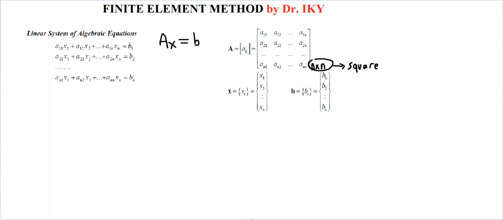For example, for the row, v1, v2, etc. And for the column, let me use omega 1, omega 2. This one is a row vector and this one is a column vector.